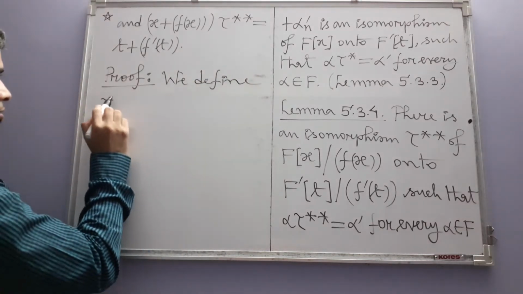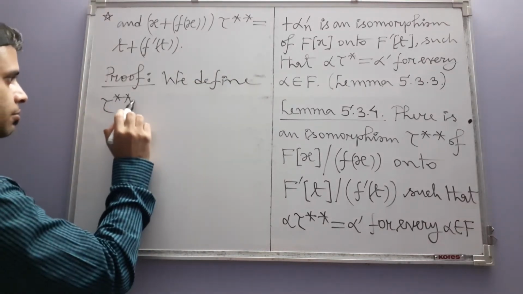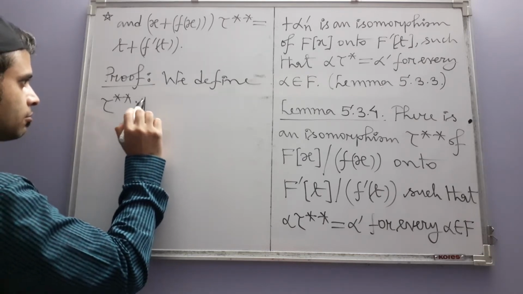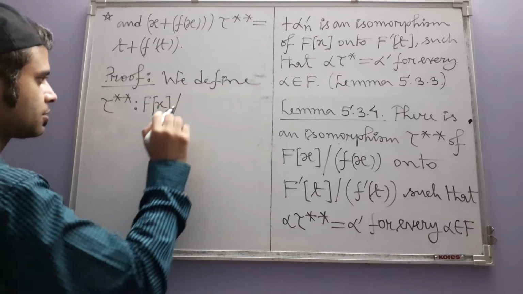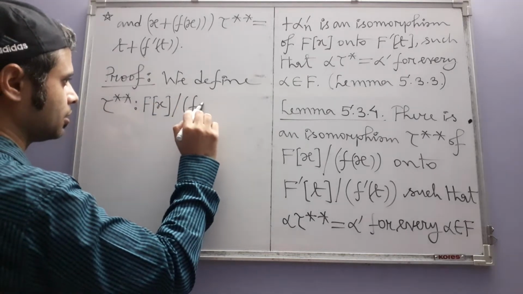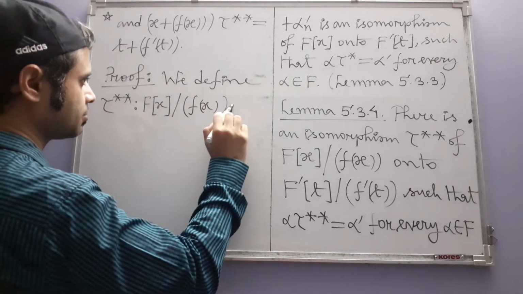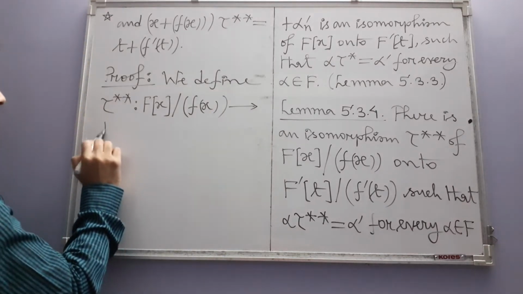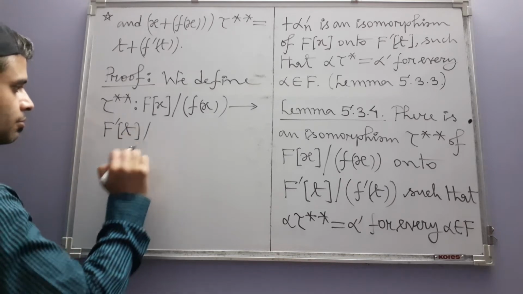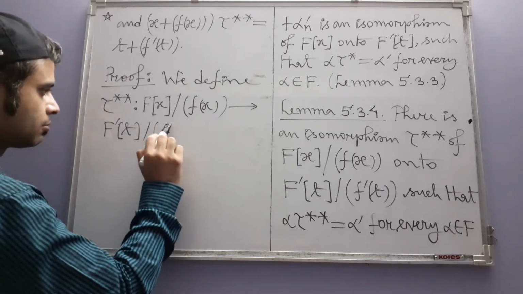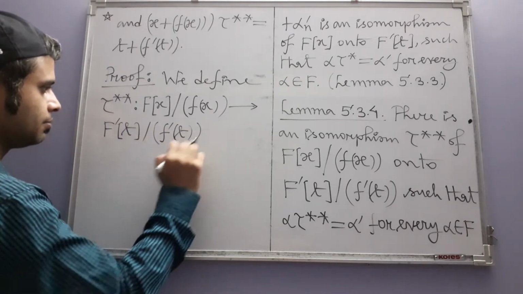We define a map from f[x] modulo the ideal (f(x)) to f prime[t] modulo the ideal (f prime(t)).